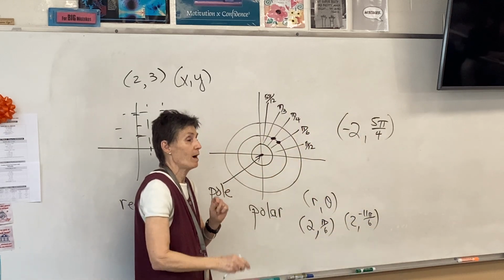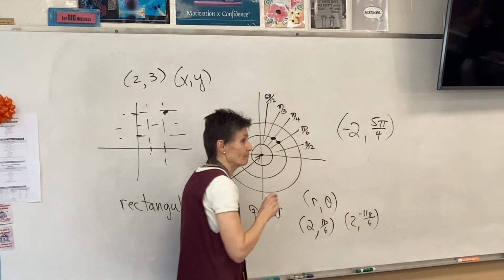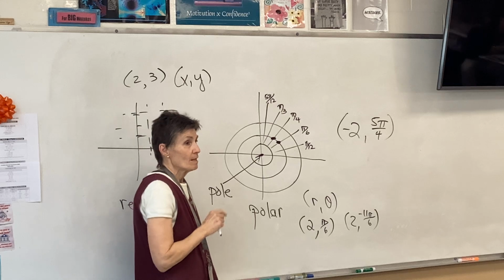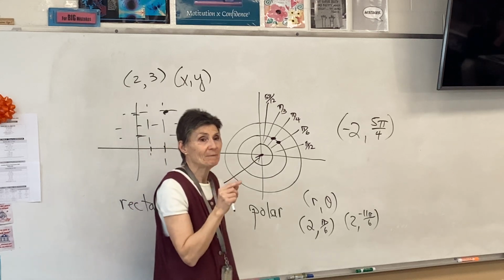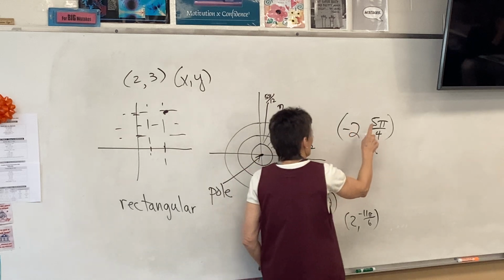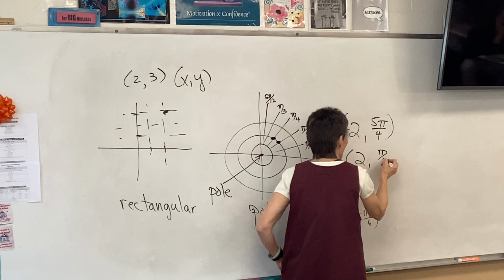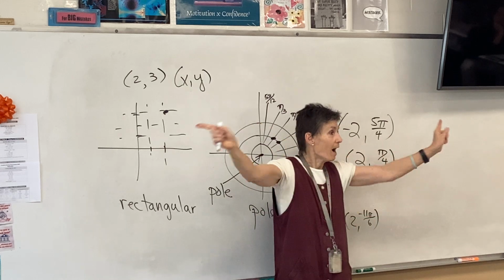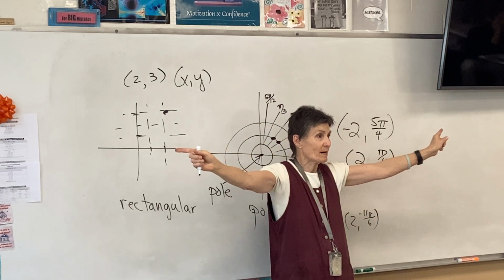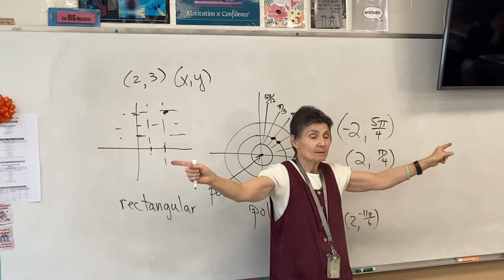And here's why. When you change the sign on R, that means you're going the opposite direction. So this is the same as a positive 2 pi over 4. Because the opposite direction is how many radians apart? How far apart are these? Pi.